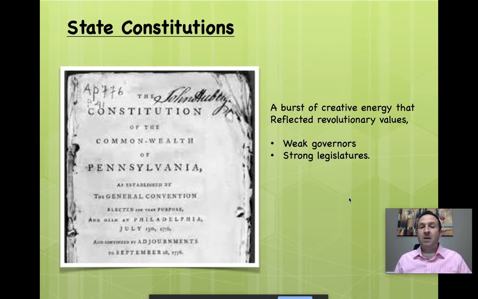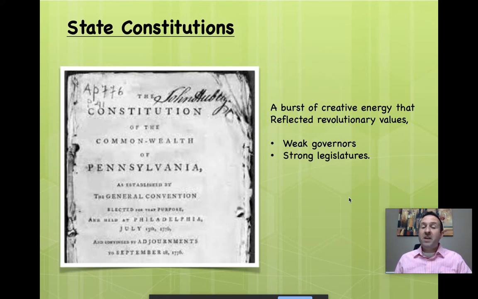Because traditional monarchies in Europe were where the people serve the government, the king, the monarchy. In a constitutional government, the government serves the people.